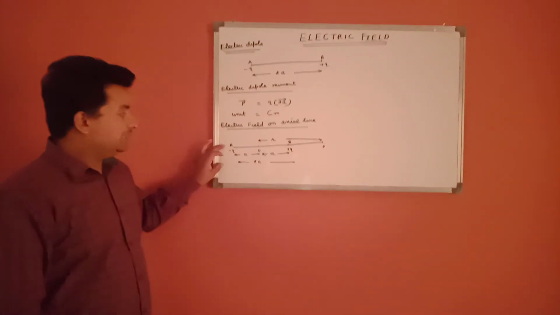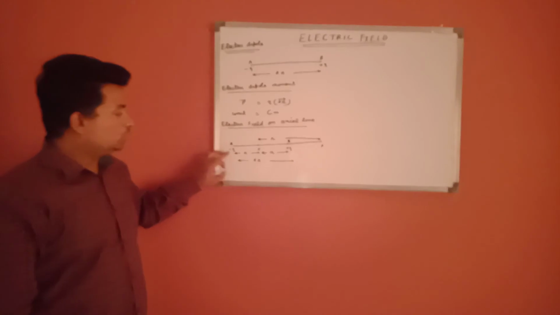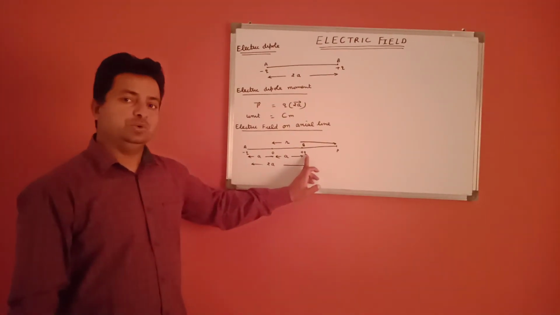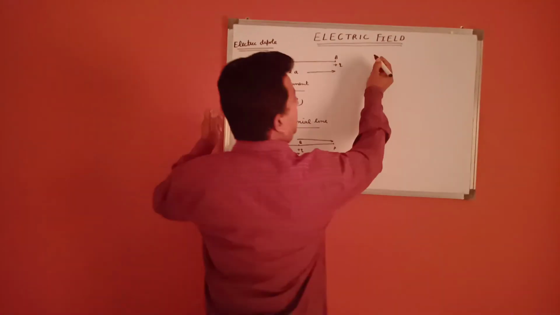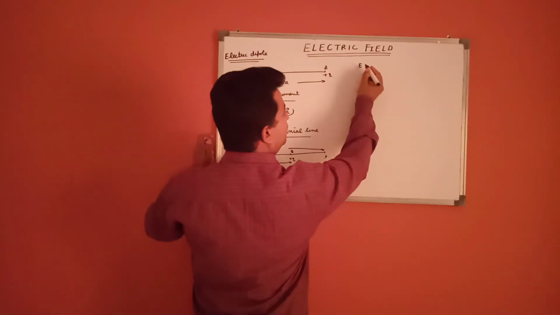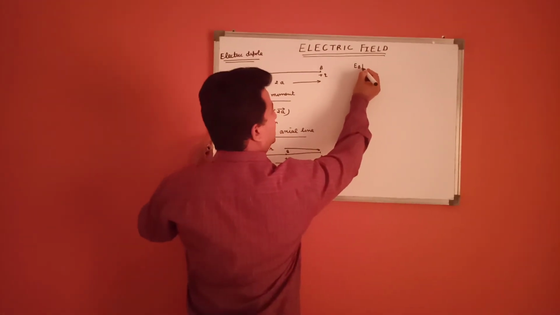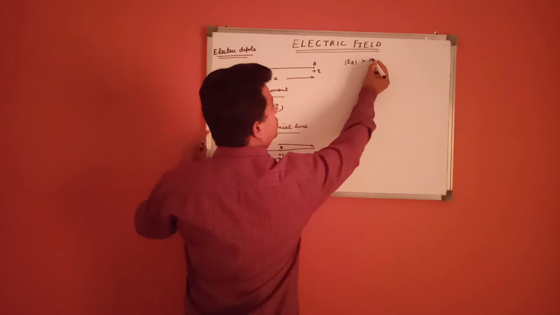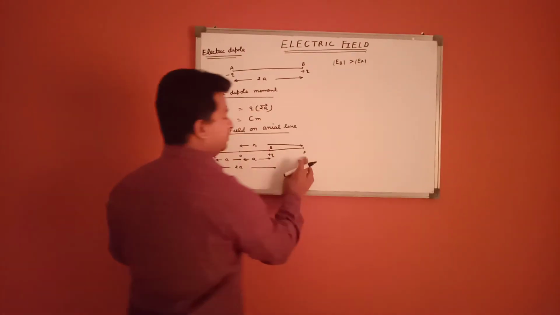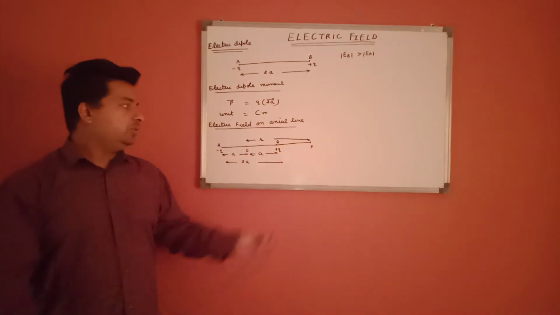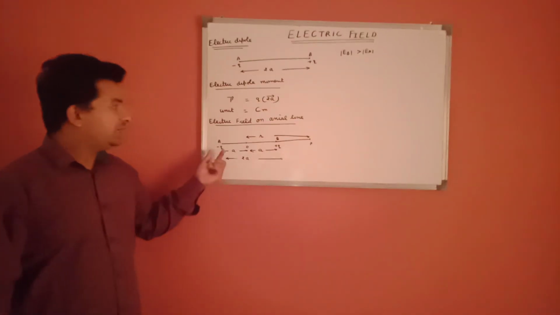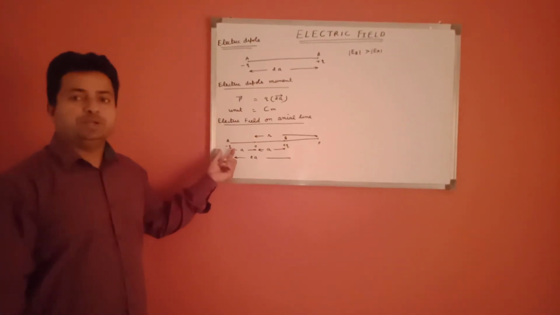Let EA be the electric field due to the minus q charge and EB be the electric field due to the plus q charge. As we know, electric field is inversely proportional to the square of the distance. The point B is nearer to the observation point P, so the electric field at point B is greater than the electric field at point A.